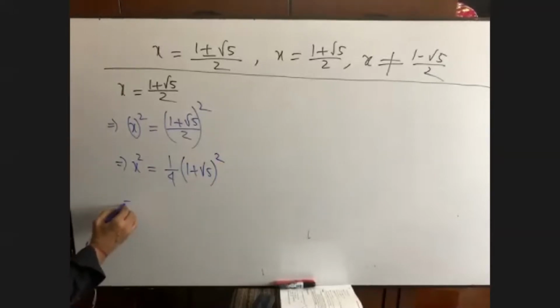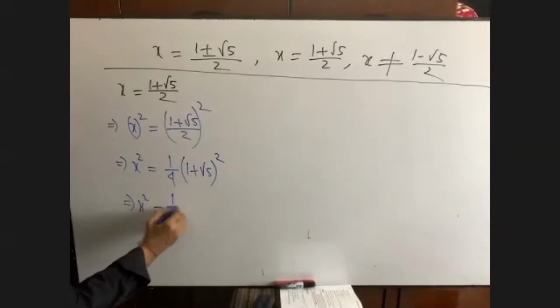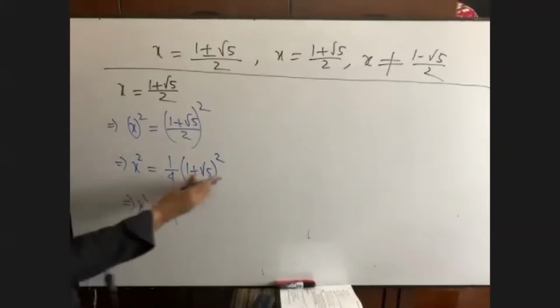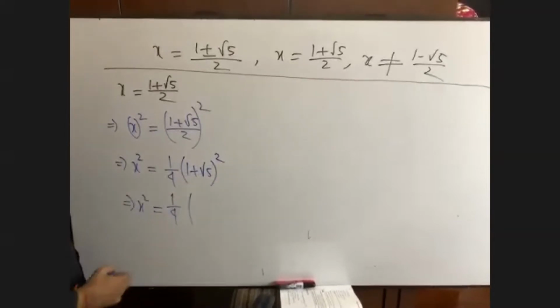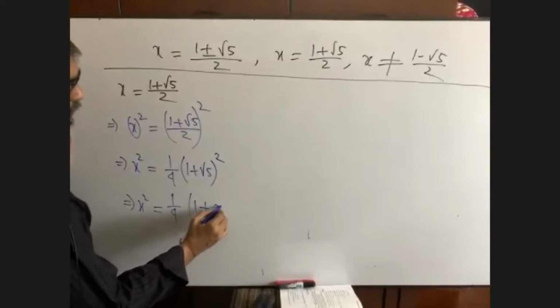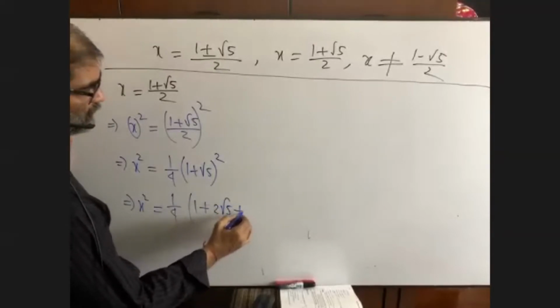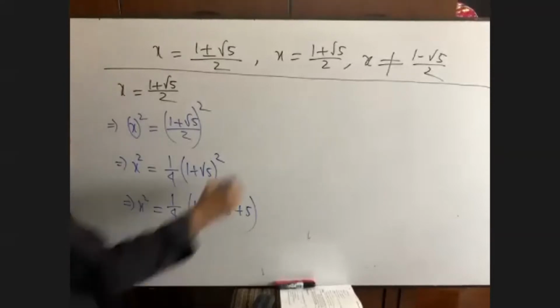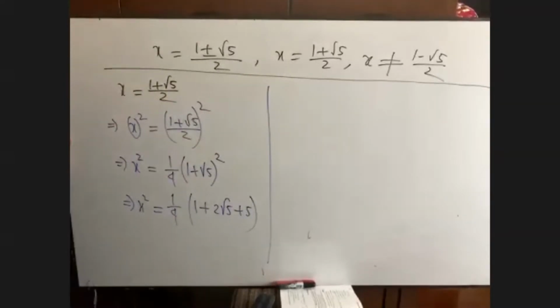What is the formula for (a plus b) whole square? a square plus 2ab plus b square.